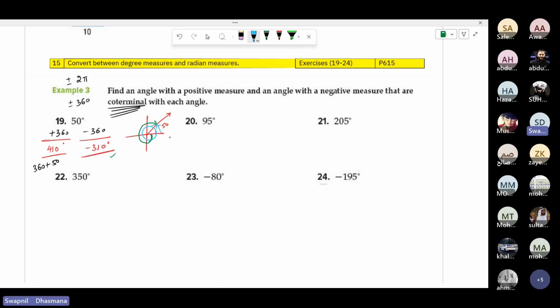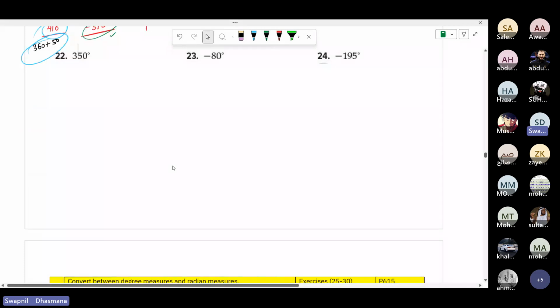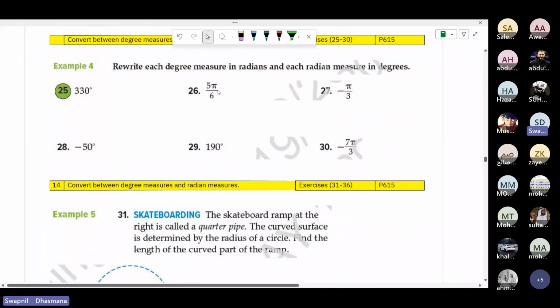Same side. So co-terminal means same terminal side. I hope this is clear. Simply do plus 360 or minus 360 if you see the word co-terminal. This is pi. Pi means you will do plus 2 pi or minus 2 pi. But this is not co-terminal.